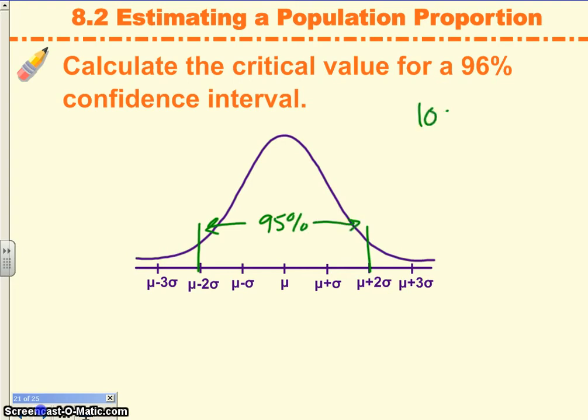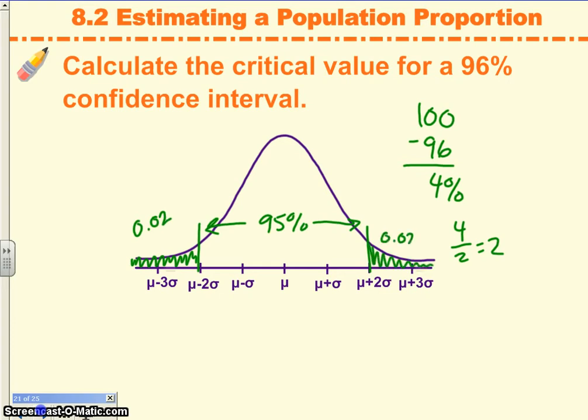If 96% of my data is centered at the mean, that leaves me with only 4% left over for my tails. Don't forget you have 2 tails. 4 divided by 2 is 2. So I only have 2% data in each tail. So down here, this area is only 0.02. And this area over here is only 0.02.